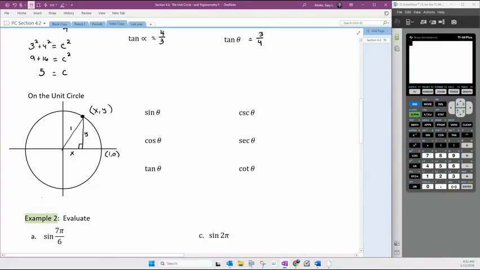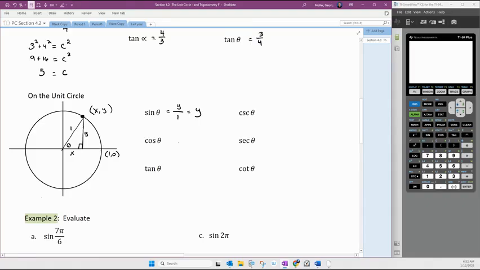And if theta here is our central angle, then the sine of theta is the opposite side, which is the y value, over the hypotenuse, which is 1. But, and this is a key piece, if we're talking about a unit circle, the hypotenuse will always be 1.